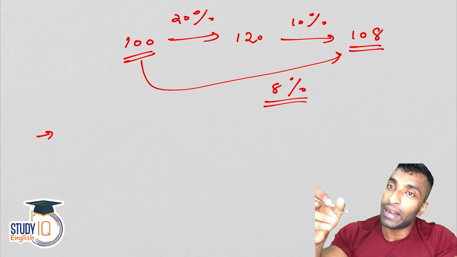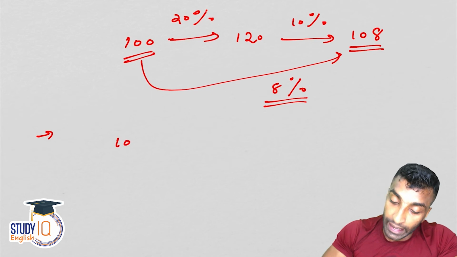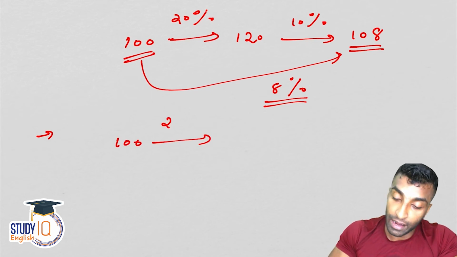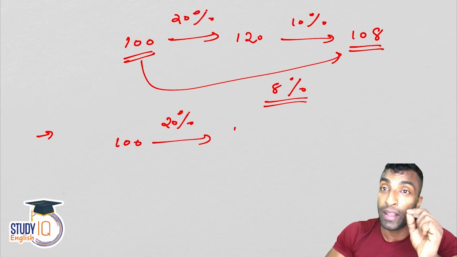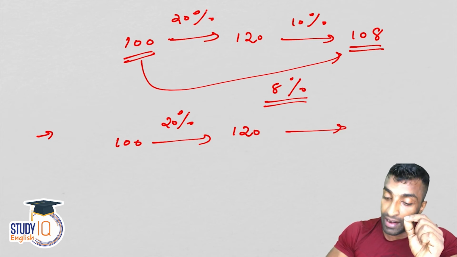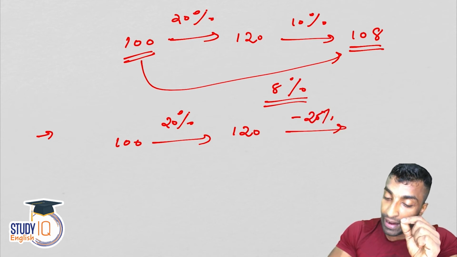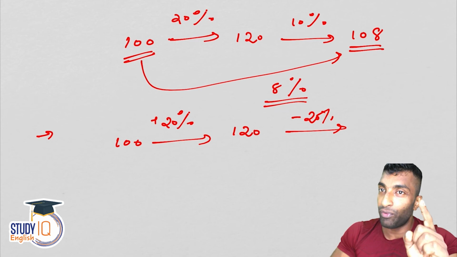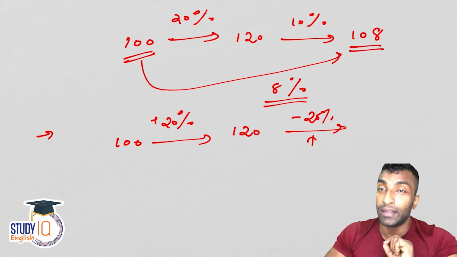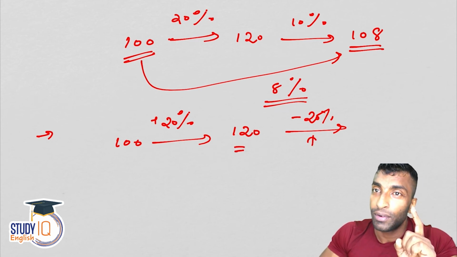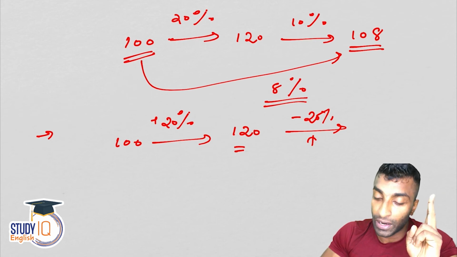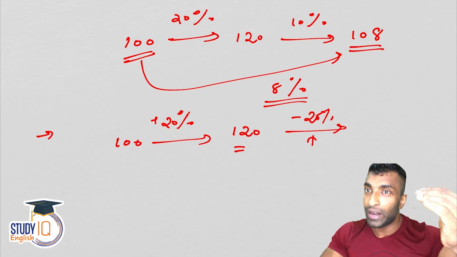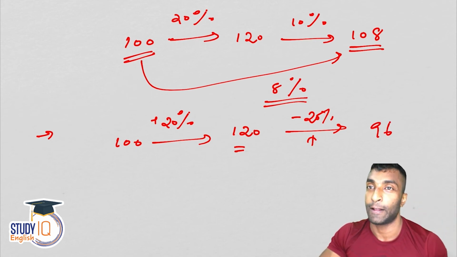So increase by 20, decrease by 20. What you need to do is initially assume that it is 100. Increase by 20, it will become 120. Now decrease by 20. 10% of 120 is 12, so 20% of 120 is 24. So 120 minus 24, 96.